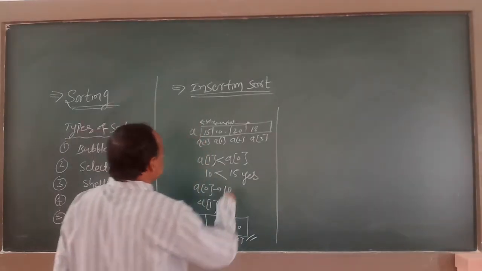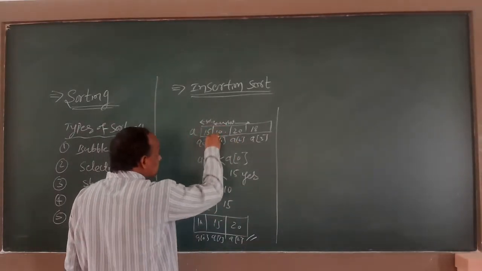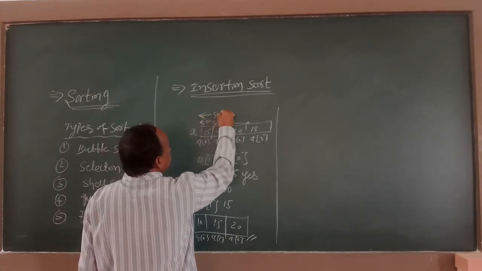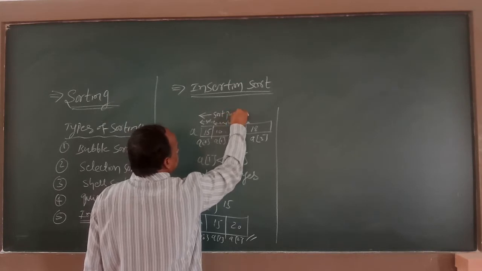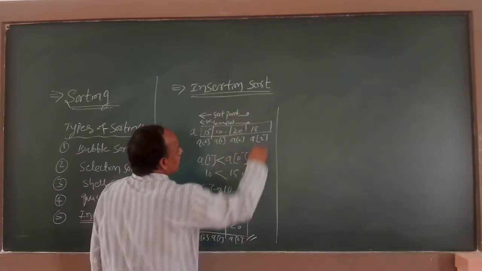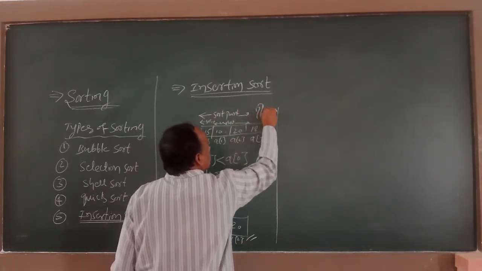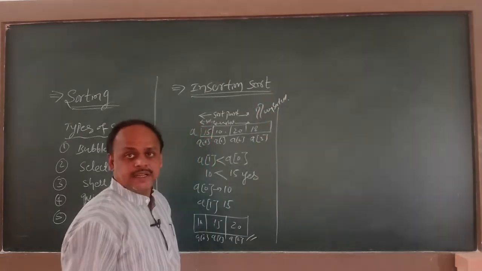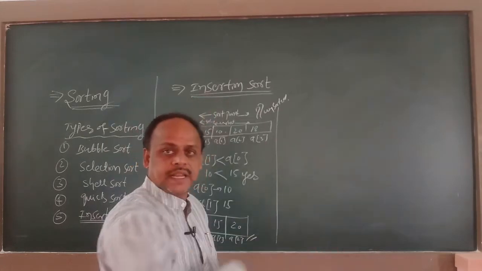Initially only this is sorted. After interchanging, this is the sorted part, and only this part is unsorted. Now we have to sort that also.